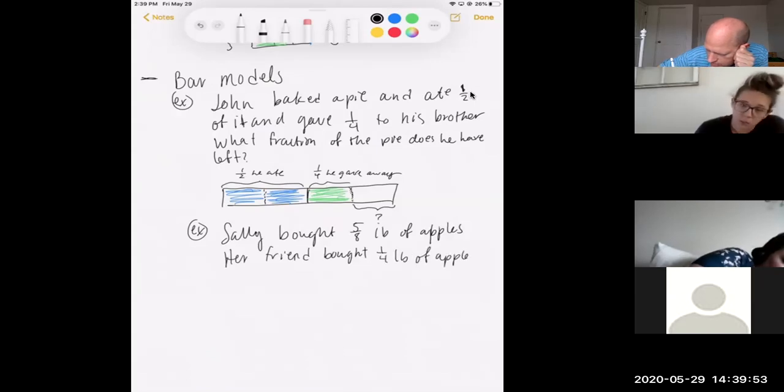We can do things like adding and subtracting them. So how many more pounds did Sally buy?